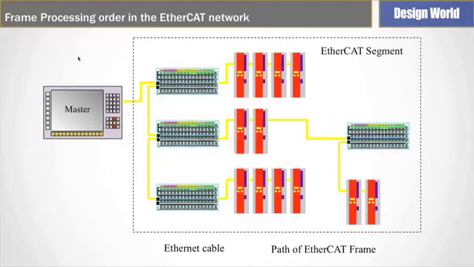As I mentioned, there is no active infrastructure such as switches, hubs, or routers. All of the routing of the frame is actually just an electrical signal that has a logical order that goes through the entire network. So when a master sends out a frame, whether that particular slave is addressed or not, the frame itself will traverse through the entire network.